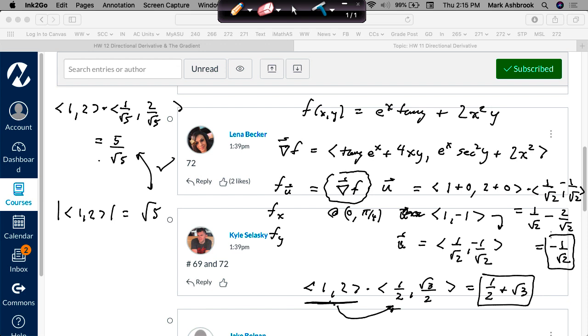We could have just done this, but I wanted to show you that if you plug it into the directional derivative formula, the rate you get is the same as the magnitude of the gradient.